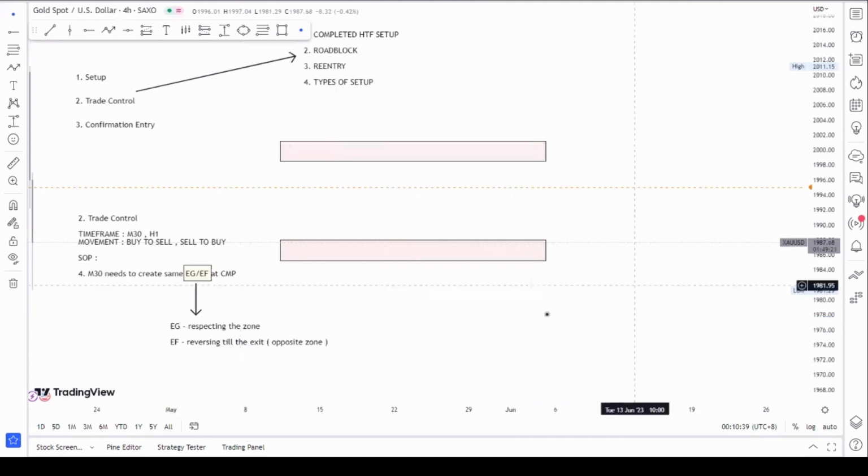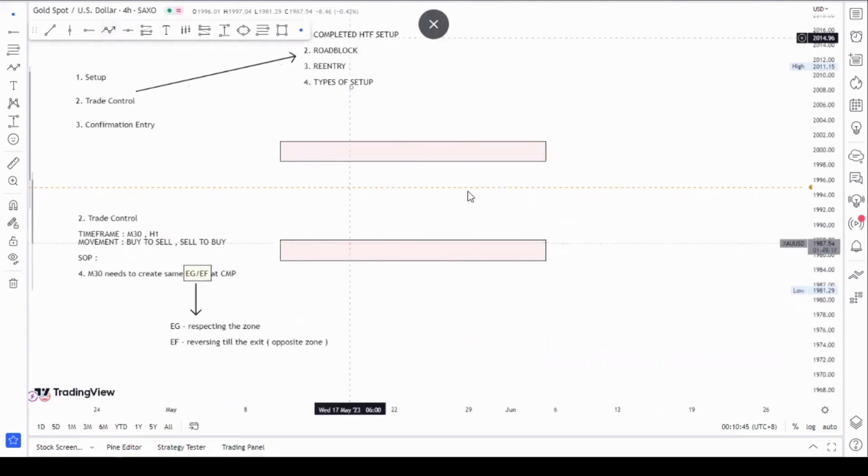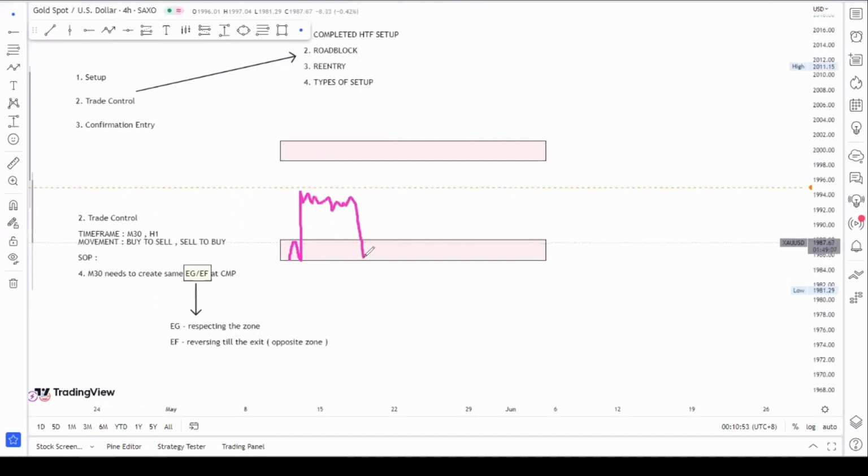So when we talk about respecting the zone, no matter how many pips it is, for example, the price gets into the zone and then M30 creates an EG, which we know means the price is going to respect this buy zone. Then it goes down, and then it goes up for about 5 or 10 pips and then goes down again.